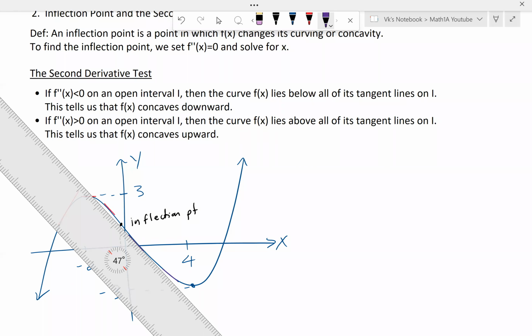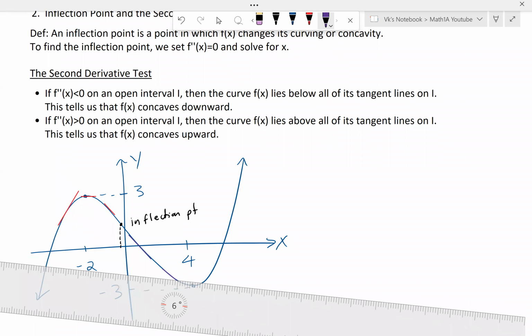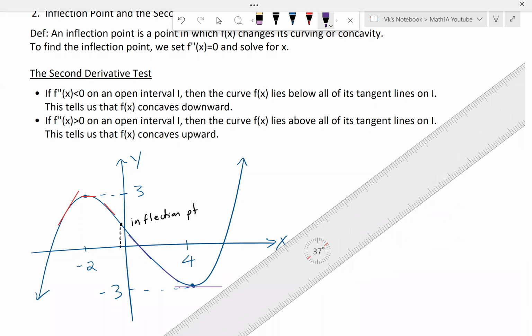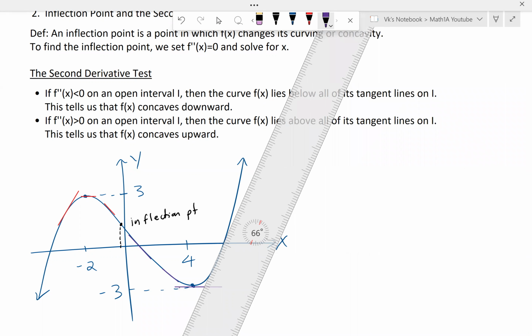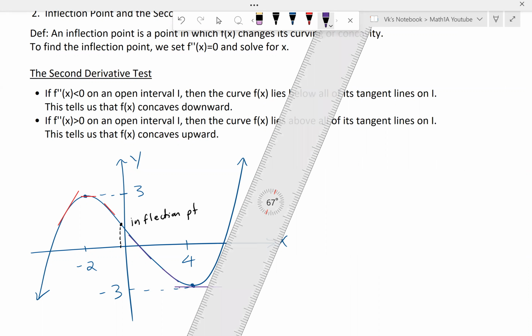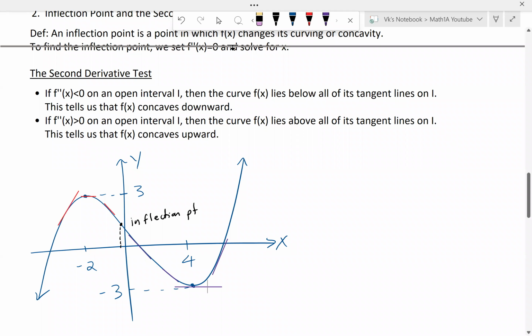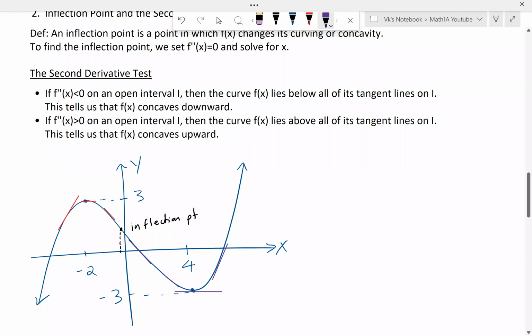It is above the tangent line. So that is when we have a concave up.